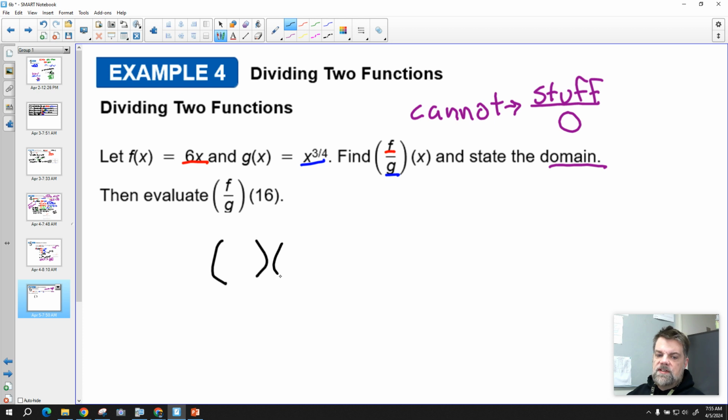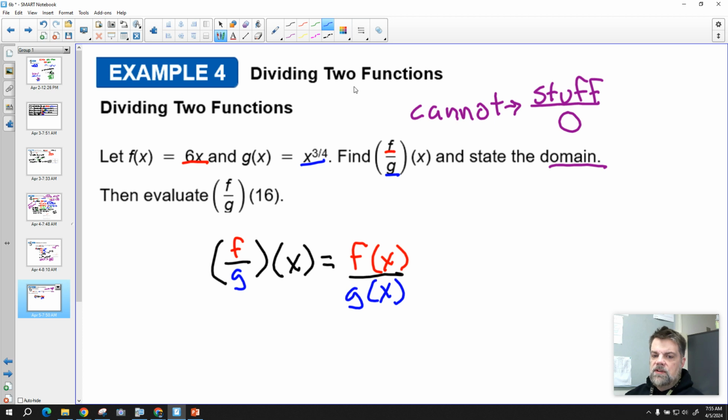So remember that when we do this, we're going to say f, which is f of x. That's our first function. It is divided by g, or g of x. f of x is divided by g of x.